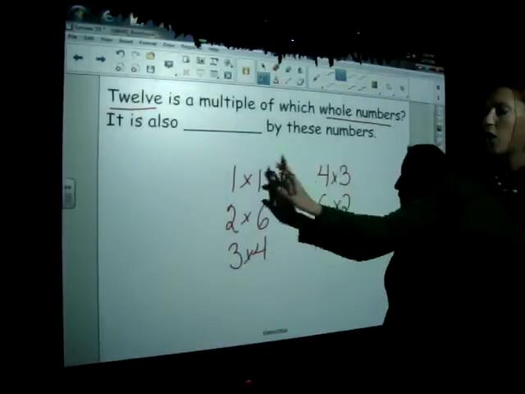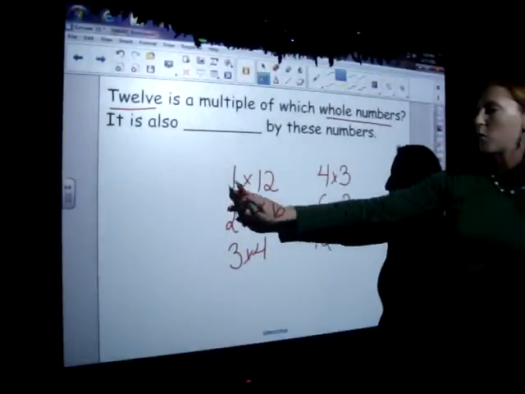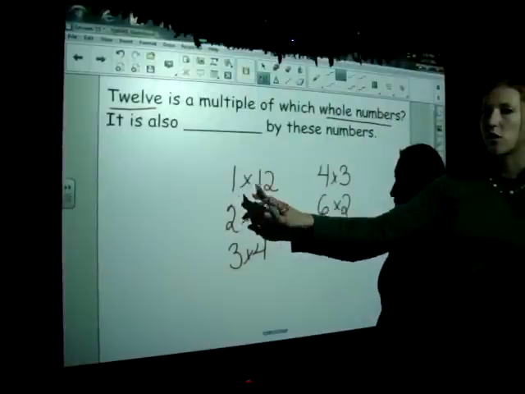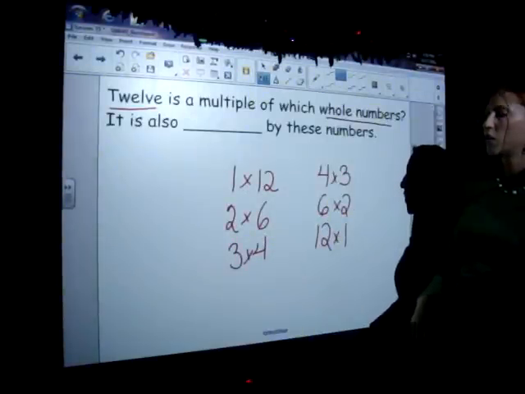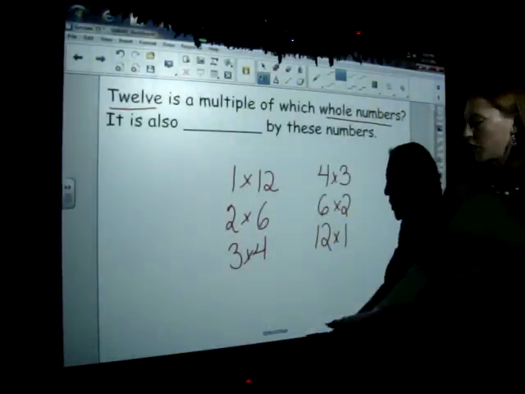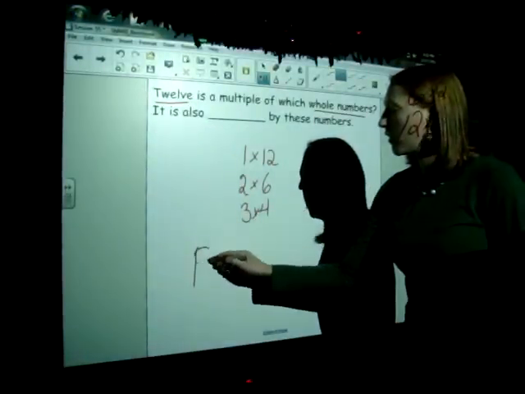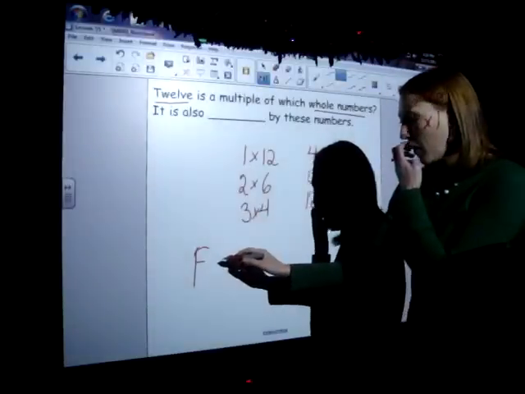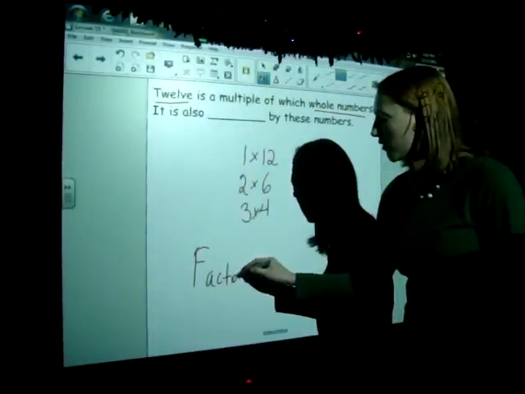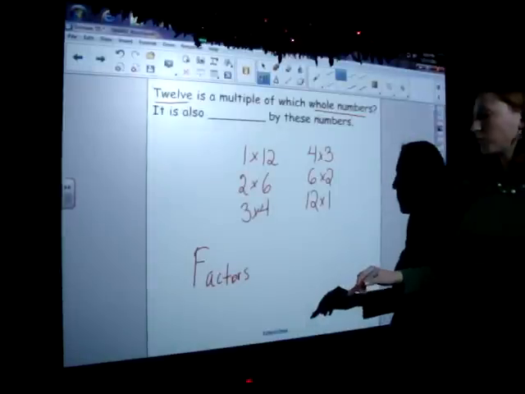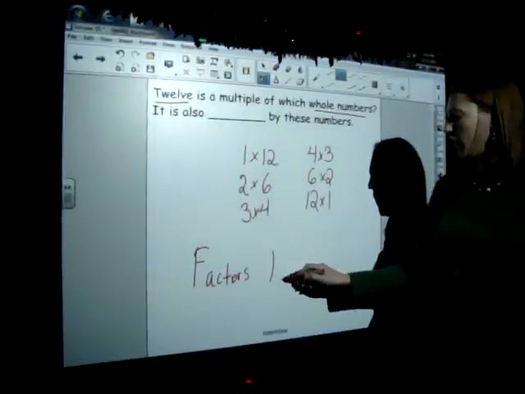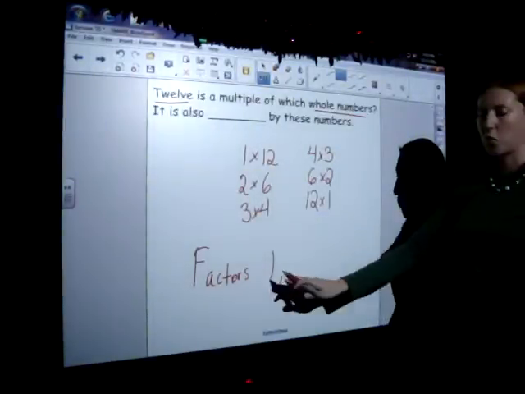So right here, these are all the factors. Remember, we multiplied two numbers. Those are our factors to get a product. So we're just going to list the numbers that we used one time. These are factors of 12. We use the number 1, and then I like to write them in order from least to greatest.